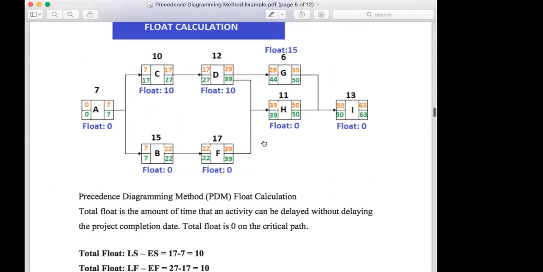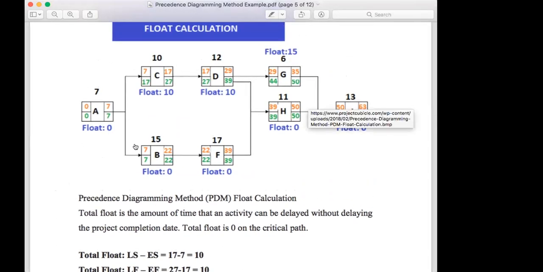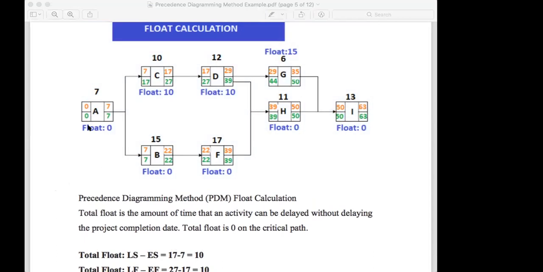Even within the backward calculation, whatever it is, the final date of completion didn't change. Even from the forward pass to the backward pass, the project duration has not changed.